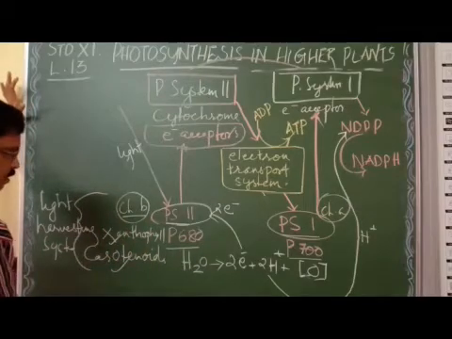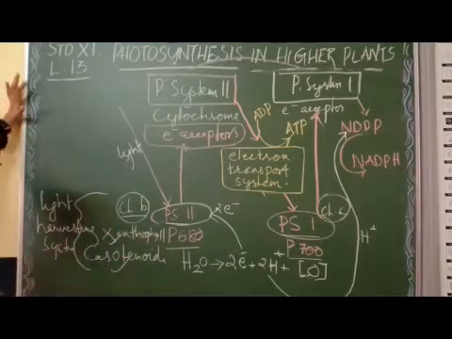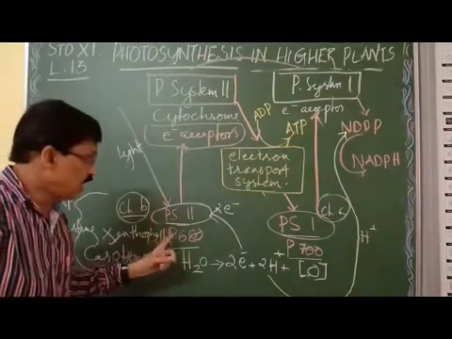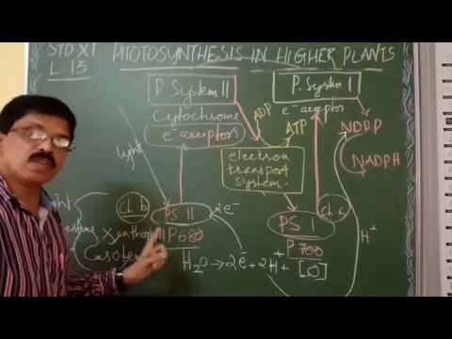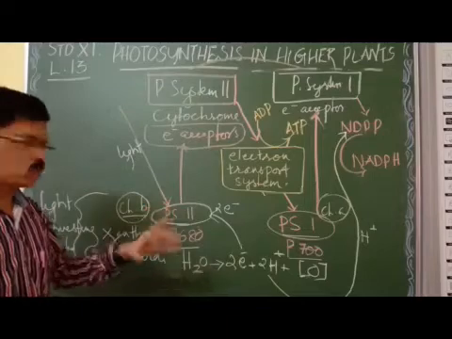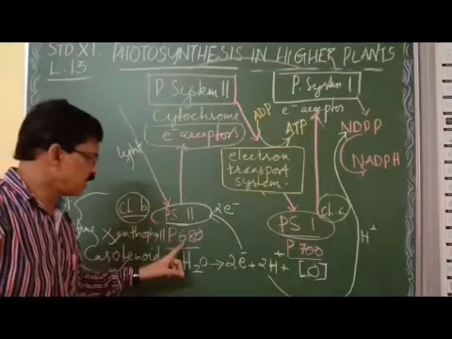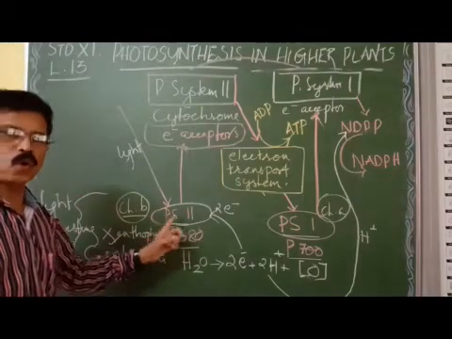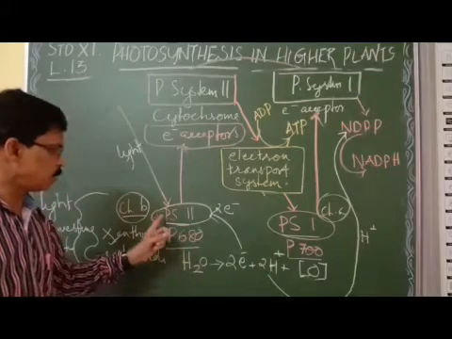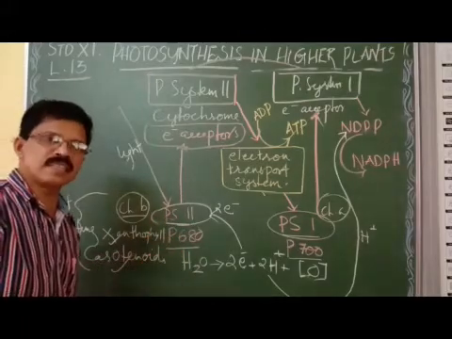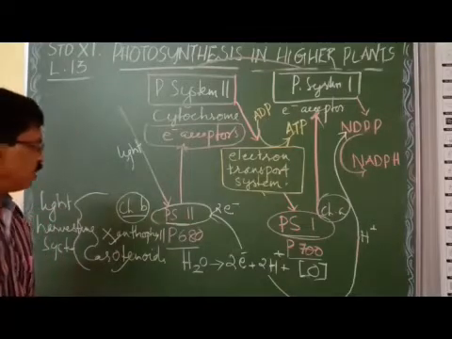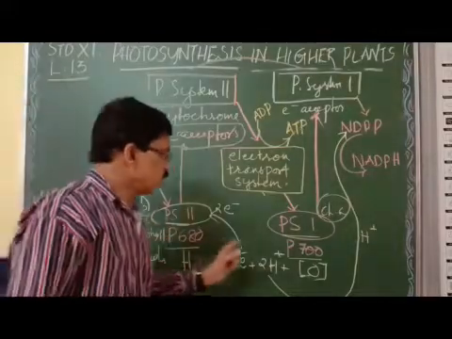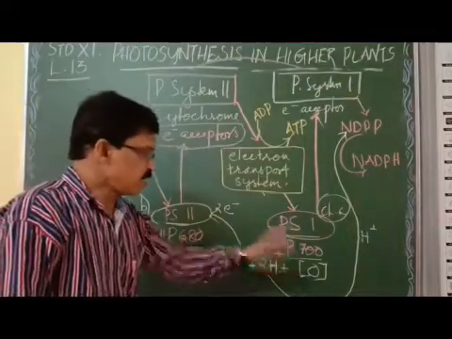The reaction center will be excited when light with 680 nanometer wavelength falls on it. So the reaction center of pigment system 2, or photosystem 2, is P680. In pigment system 1, the reaction center is P700.